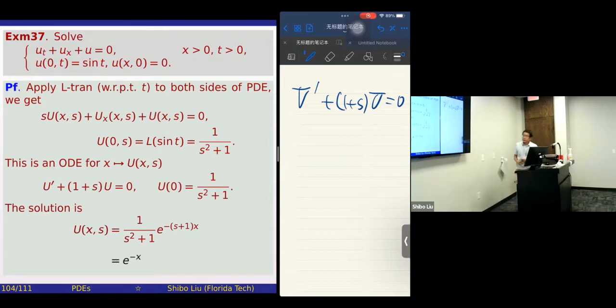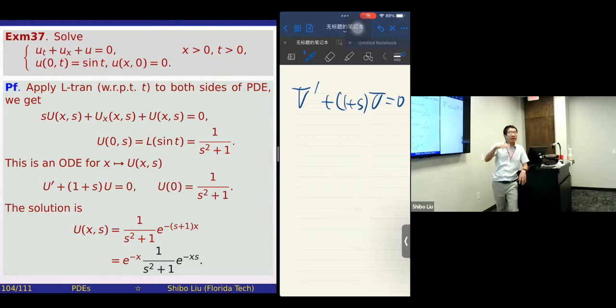We rewrite the solution capital U in terms of the exponential of minus x, multiplying this function. Why do we do this? Because the Laplace transform and its inverse are only related to the variables t and s.